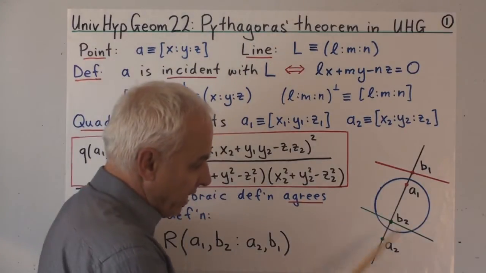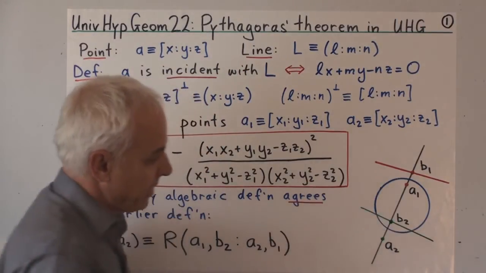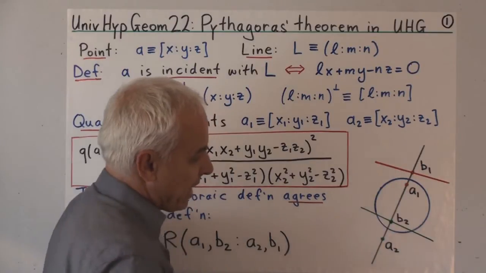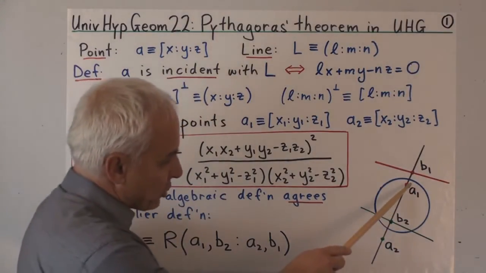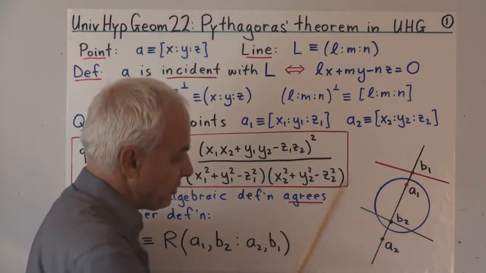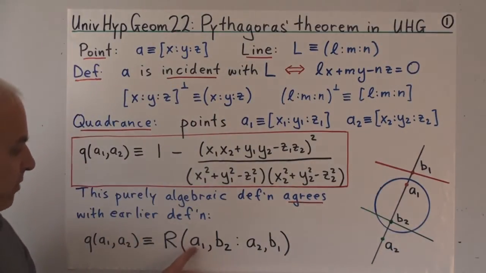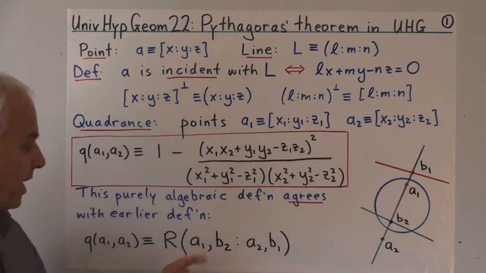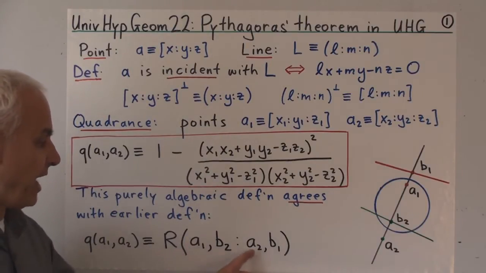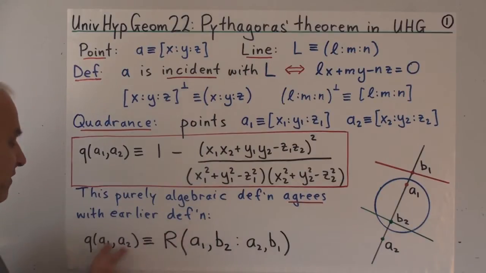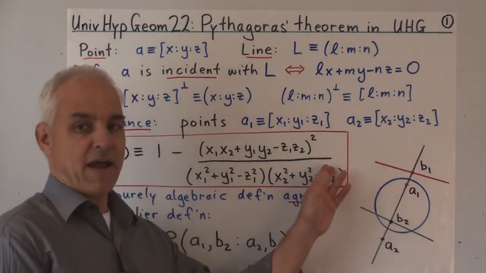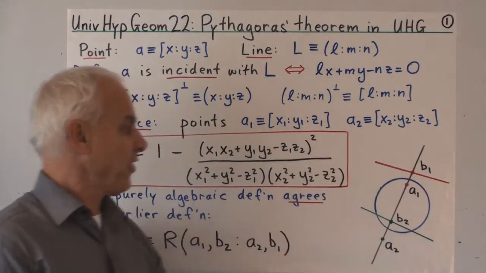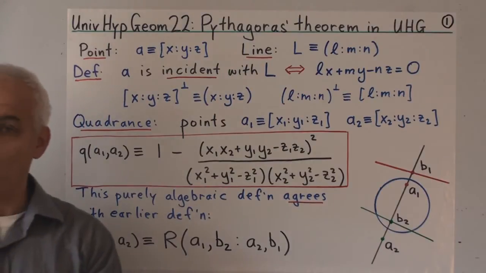Similarly, the dual line of A2, which is this one here, meets our given line A1, A2 in a new point B2. So we have these 4 points, A1, A2, B1, B2, and this cross ratio A1B2 to A2B1 was how we originally defined the quadrance between the 2 points. And then we proved, in fact, that in coordinates the quadrance had that particular form.